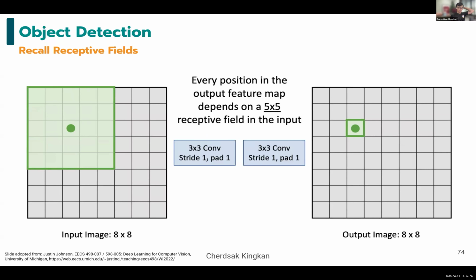If we pass this image of 8x8 with filter 3x3 and then with filter 3x3, the receptive field of this feature map is 5x5 in the input, right? Do you guys remember? Yeah, it represents the 5x5 of the original input.